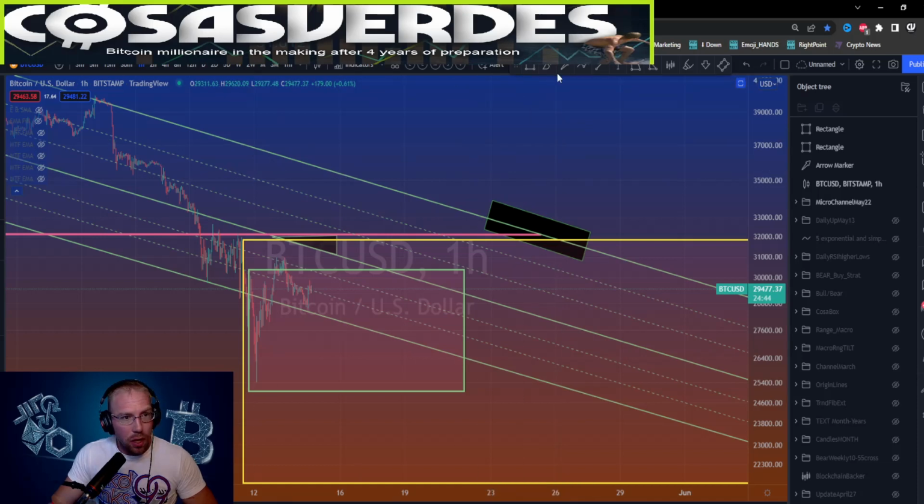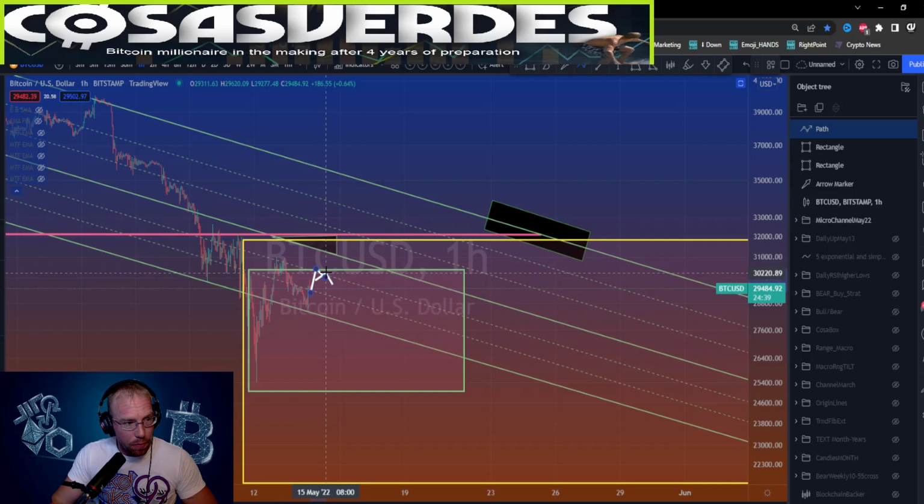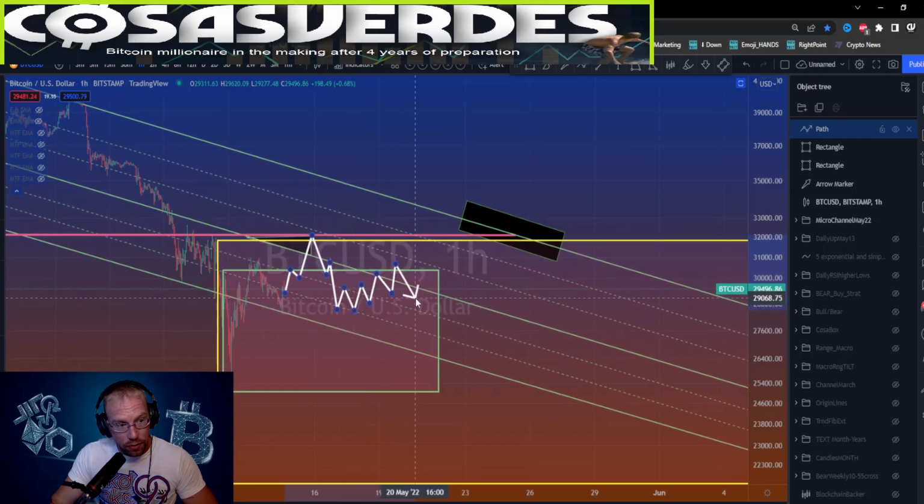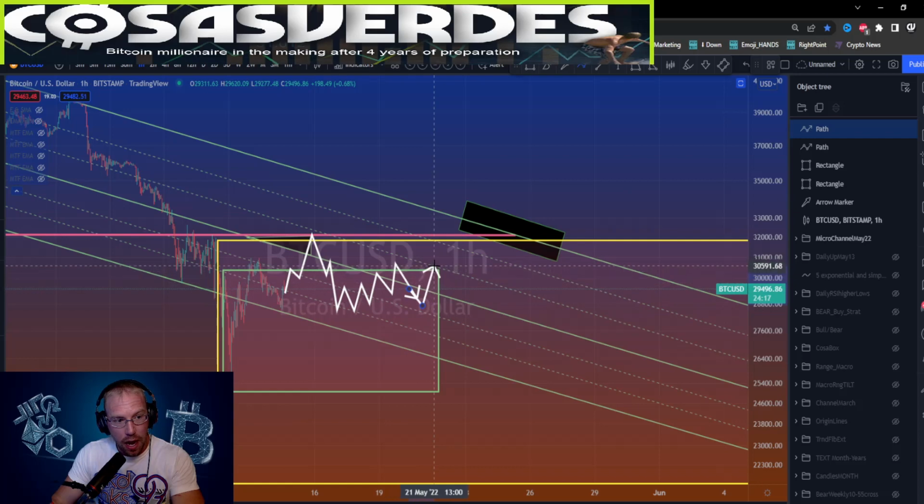Then you might see something to this effect where it tries up higher, boom, boom, boom, comes back down in here, tests the bottom of this, makes a higher low, tries getting up, makes a higher low to that one. Let me try that again. Actually, I'll just draw over it. Makes a higher low to that one over here, and then consolidates and breaks out and hits this, my Cosa box.